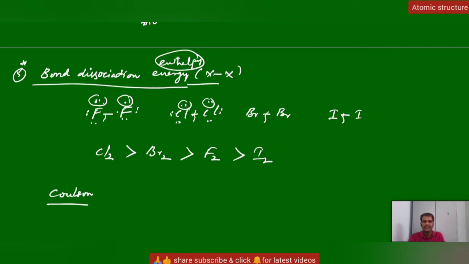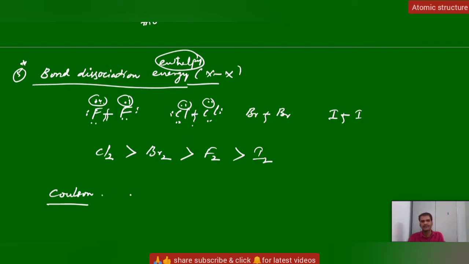Why? Because they are present very close to each other due to the small size. And these inter-electronic repulsions will dominate. These inter-electronic repulsions can weaken the bond. Then if the bond is weaker, you can break this bond very easily. So that is why compared to chlorine and bromine, fluorine is having less bond dissociation energy.